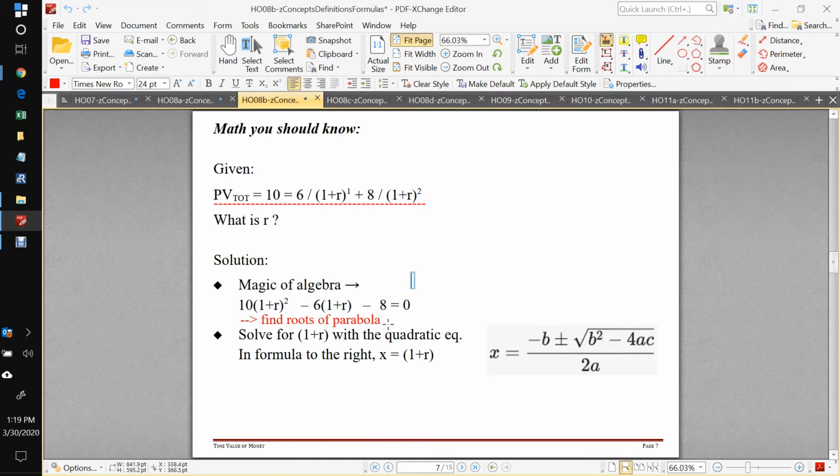Going back to high school or grammar school, this is exactly finding the roots of a parabola, and we want to use the quadratic equation for that. In the equation to the right here, x is just equal to 1 plus r for us. I haven't given you many problems where you've had to use the quadratic equation, but I have given you a couple, or maybe 3 altogether, all the way across chapters 8, 9, 10, 11a, and 11b.